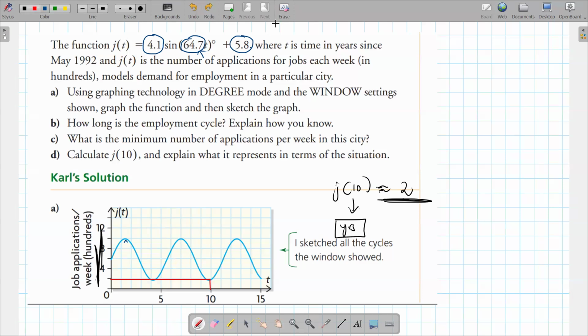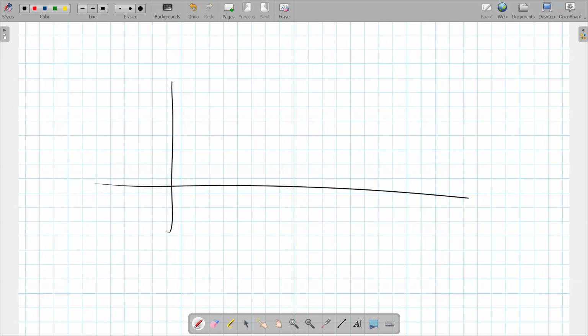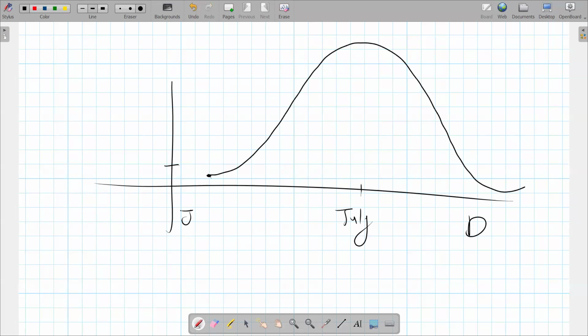What happens to temperatures? If you look at January to December, January is probably the coldest, and then July is probably the hottest. Look at this. Goes like this, comes back down. You see that? So how do you think we model weather? What function? Sinusoidal. It doesn't matter, sine or cos.